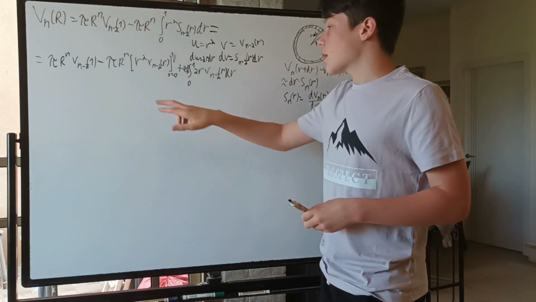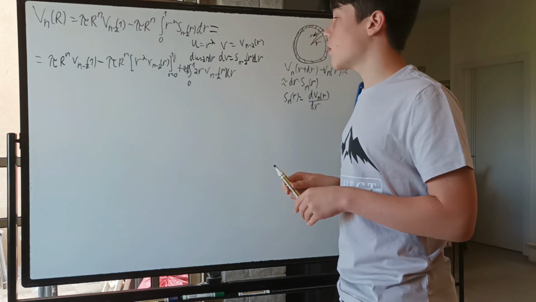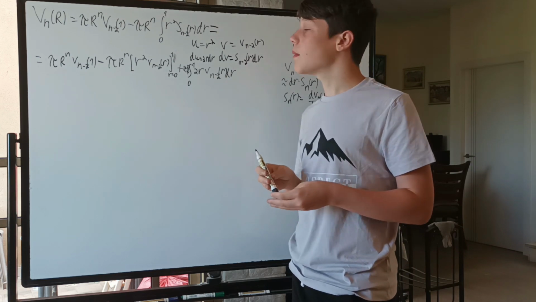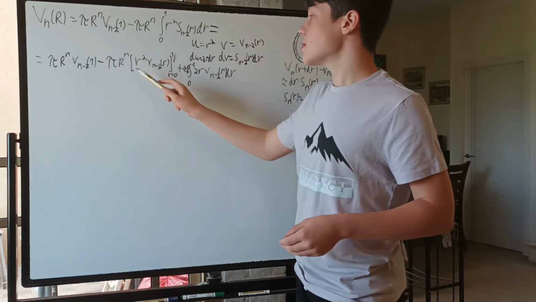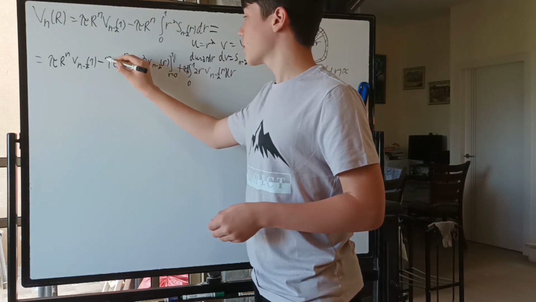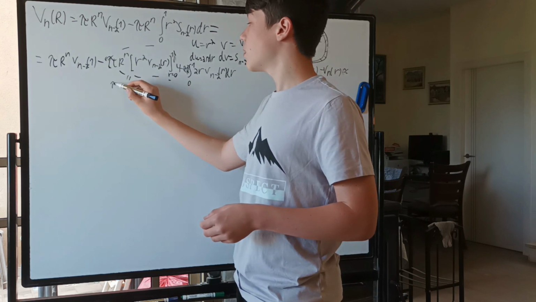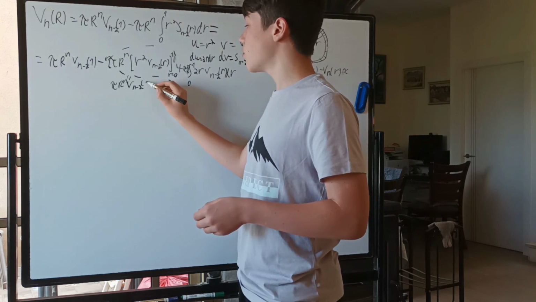But now let's look at what this is. This thing alone is, well, at r equals 1, this is V_{n-2}(1). At r equals 0, this is just 0. So this thing is equal to pi r to the n V_{n-2}(1).